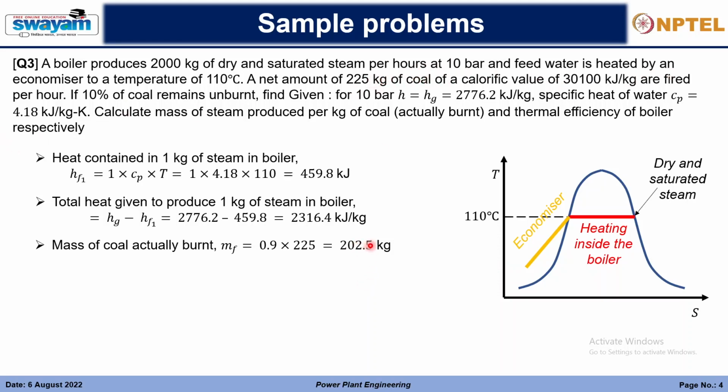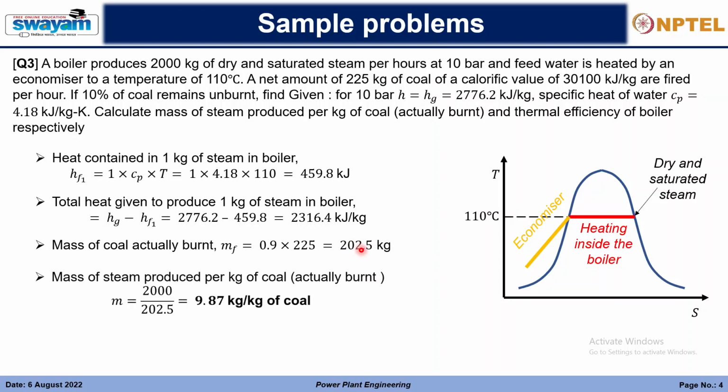Then our first objective was to find the mass of steam produced per kg of coal that was actually burned. So simply we will divide the amount of steam being produced by the amount of coal being burned, and accordingly we will get this answer.